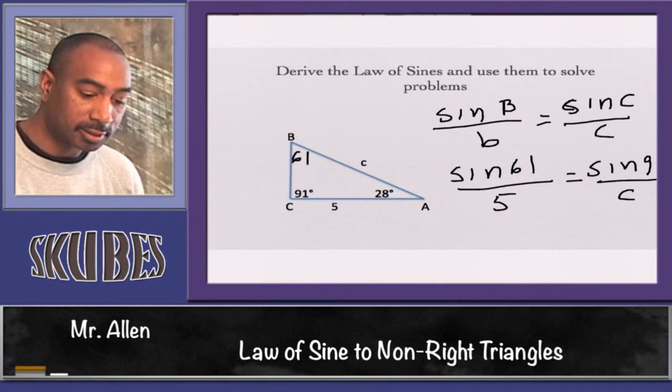And we're looking for side c. So what you're going to do is cross multiply.